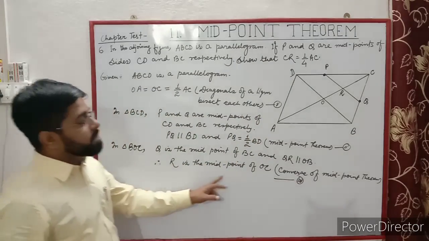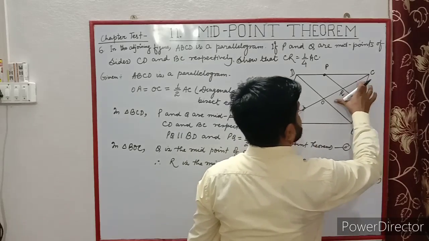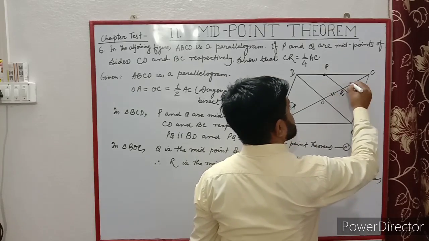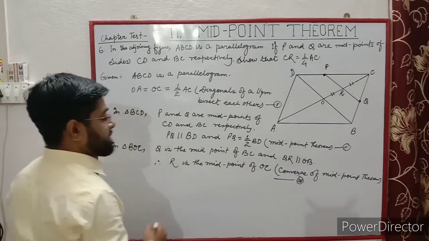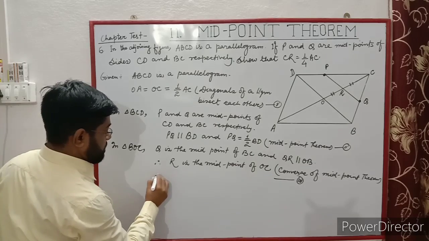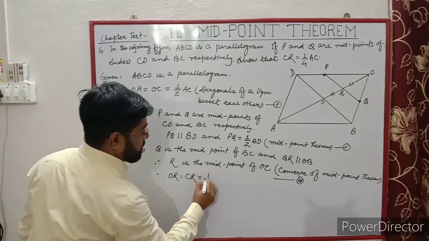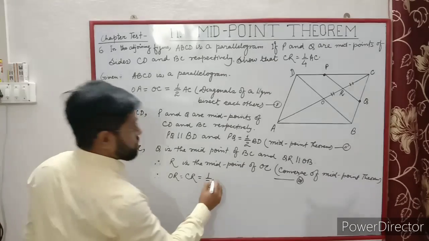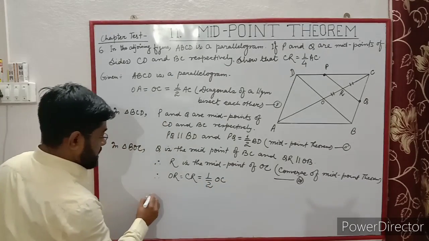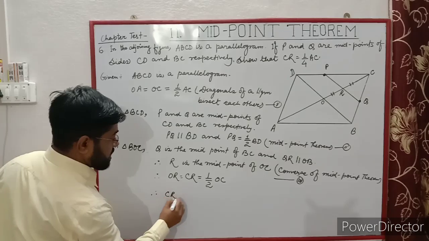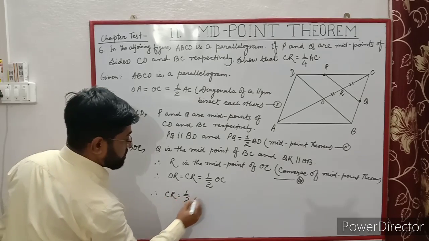Now R is the midpoint of OC, that means OR is equal to CR. Therefore OR is equal to CR is equal to half of OC. Therefore CR is equal to half of OC.